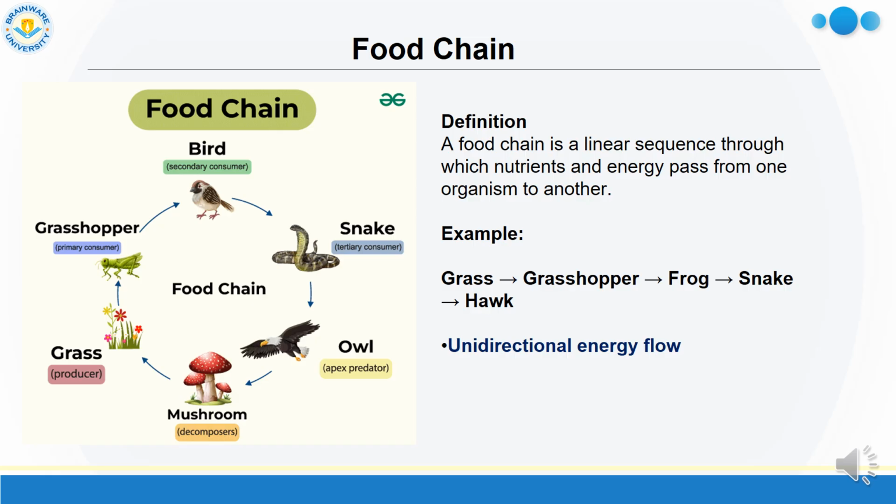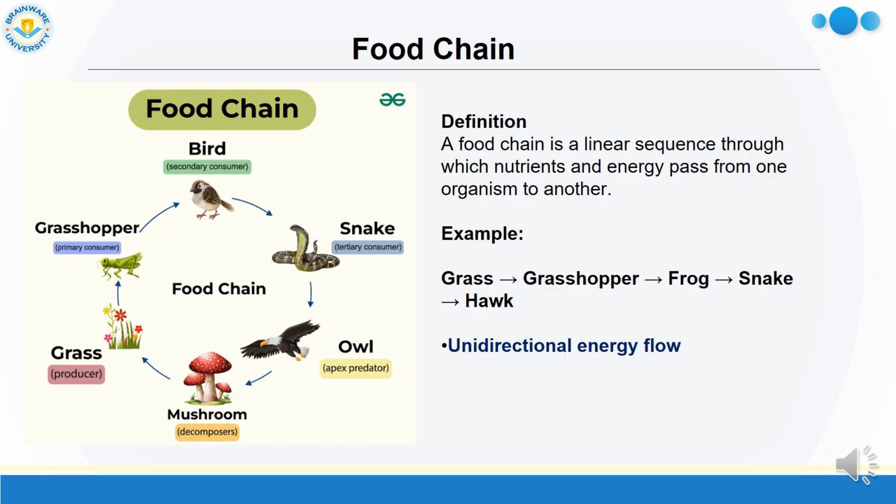Now grass can be eaten by grasshopper. So grasshopper is primary consumer. Then grasshopper can be eaten by frog. Frog can be eaten by snake and snake eaten by hawk. So all these, grasshopper, frog, snake, hawk, all of these are consumers and grass is producer.